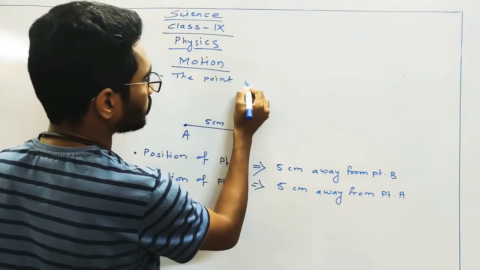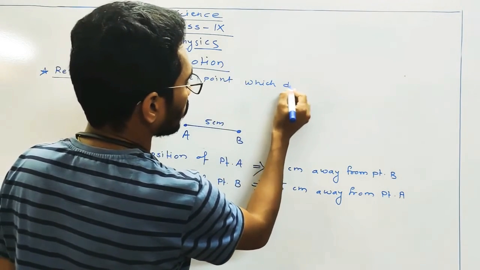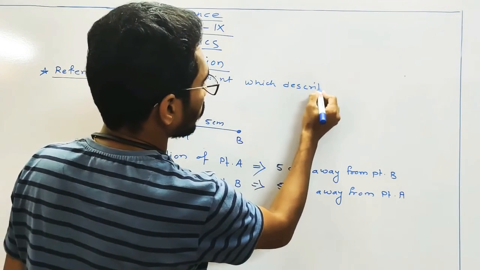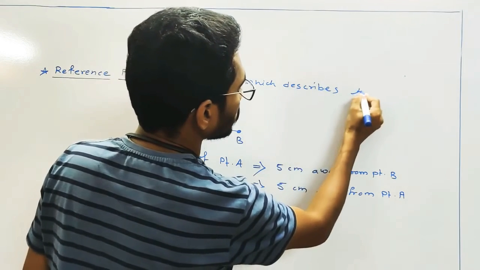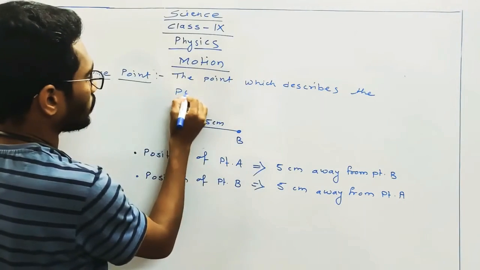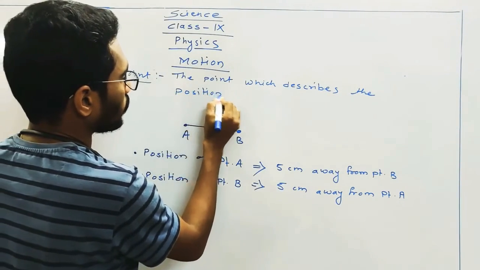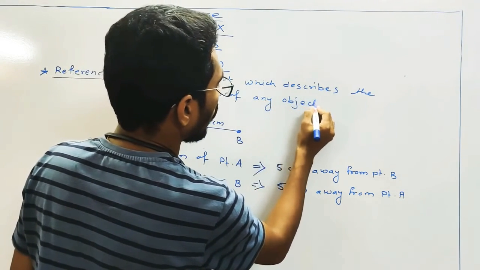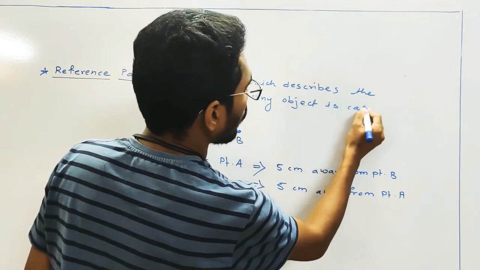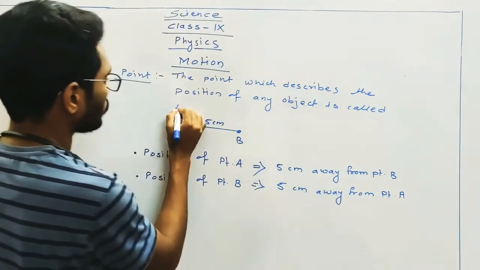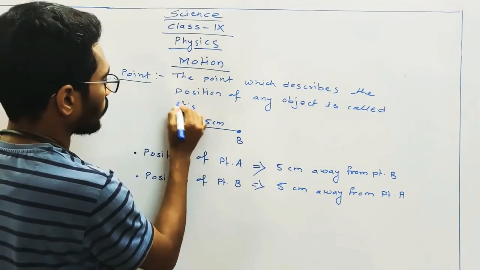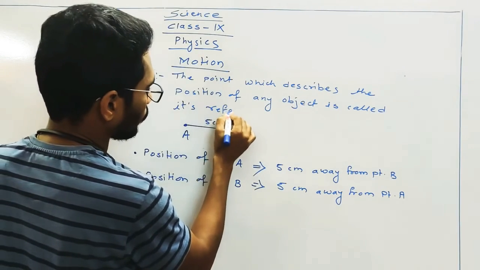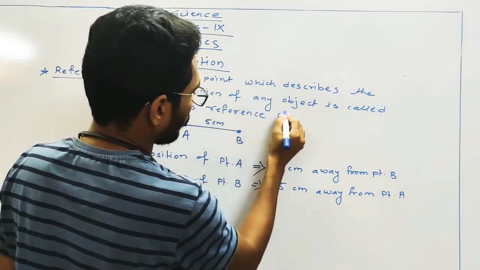The point which describes the position of any object is called its reference point.